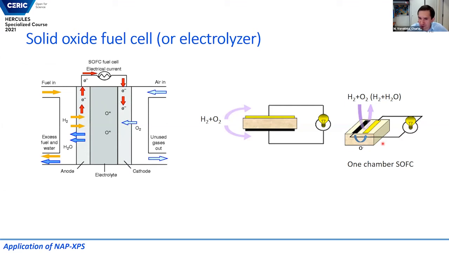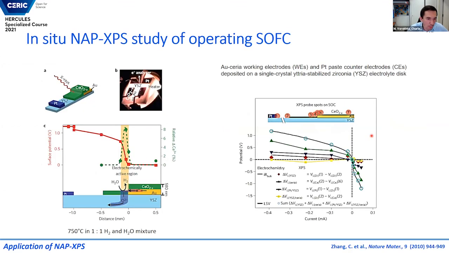You can work in the electrolyzer mode or the fuel cell mode, and try to answer some questions, because usually these electrodes and electrolytes are quite complex oxides, and it is quite important to understand the function of each element inside the material when it works.